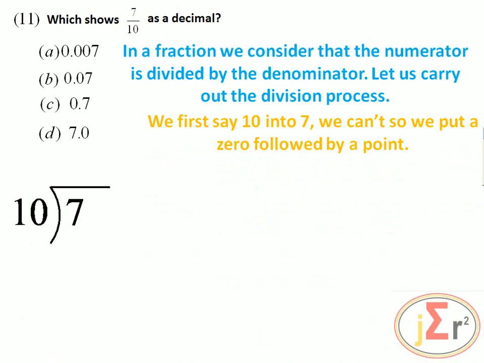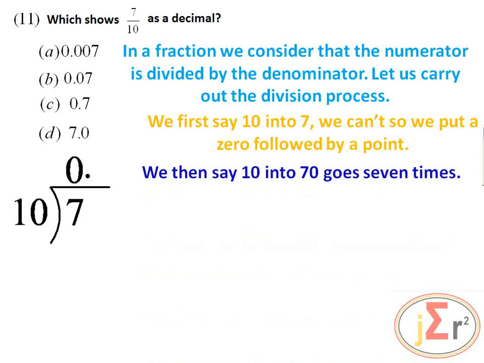We first say 10 into 7. I can't. 10 cannot go into 7 a whole number of times. So what do we do? Add a 0. We put a 0, and it cannot go a whole number of times. So there is no whole number. Because there is no whole number, we will put a point.